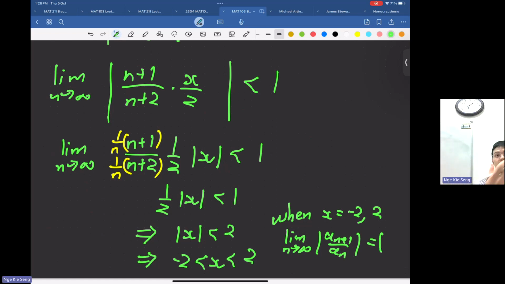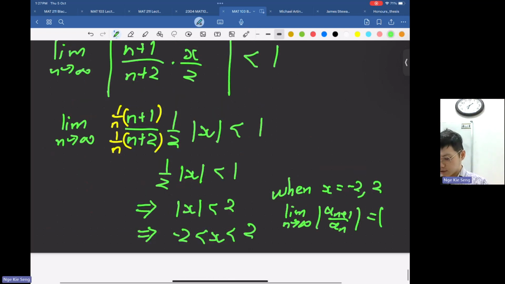Equal to 1 means the test is inconclusive. What does inconclusive mean? It means maybe it converges, maybe it diverges. We don't know. Away from 1, we surely know it diverges, but at the endpoints we still don't know, so we need to check on these endpoints.